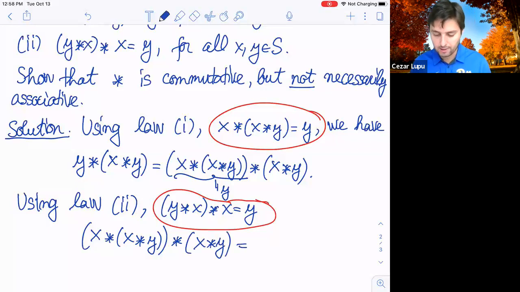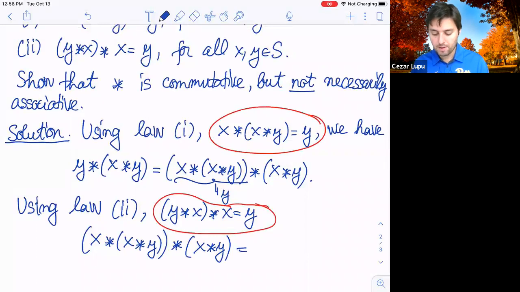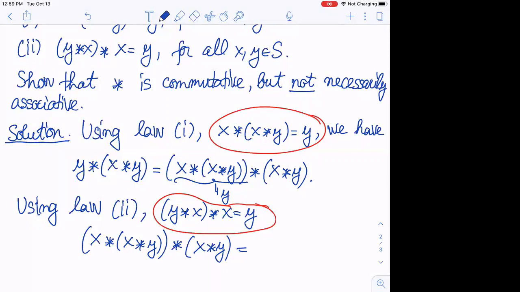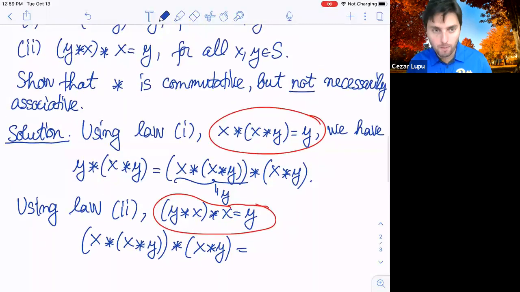Can you tell me, using the second law, what this equals? You see, instead of Y we have X, and instead of X we have X star Y. Look at the second law.